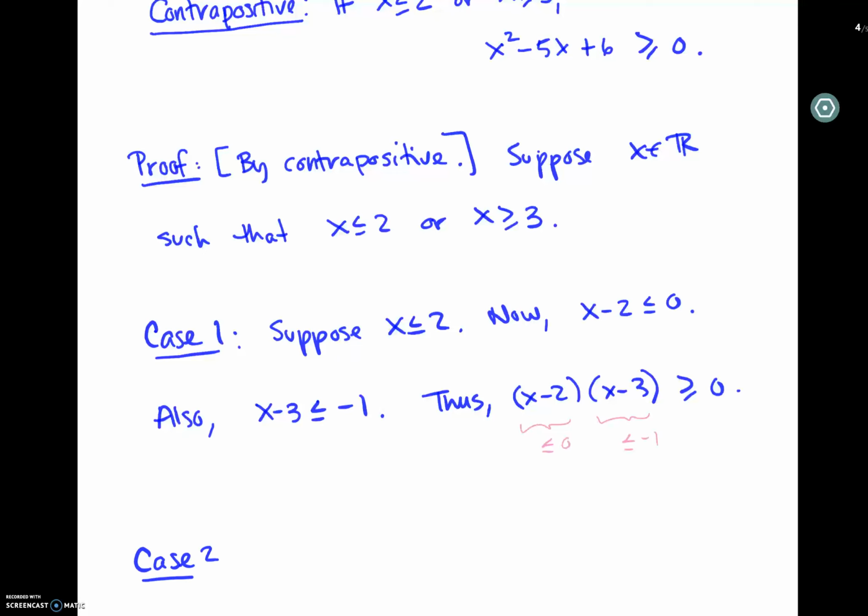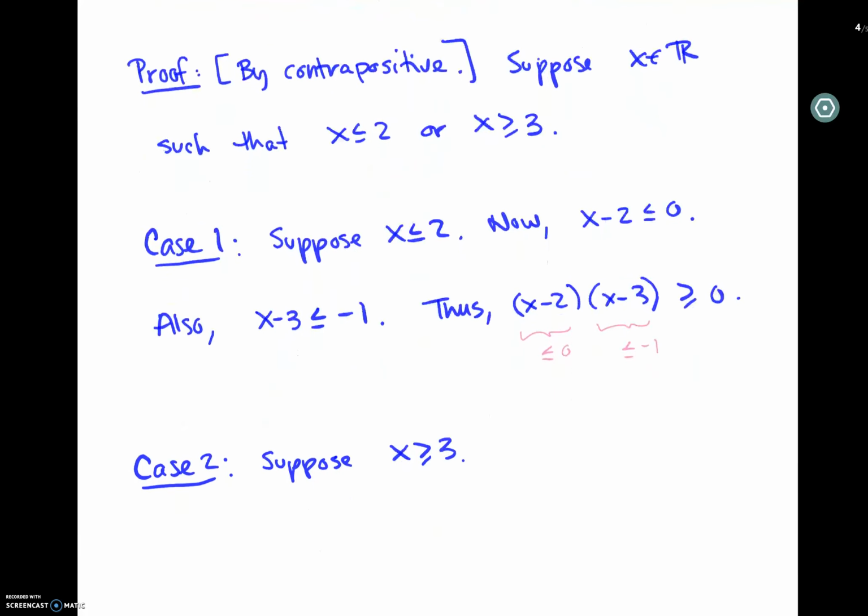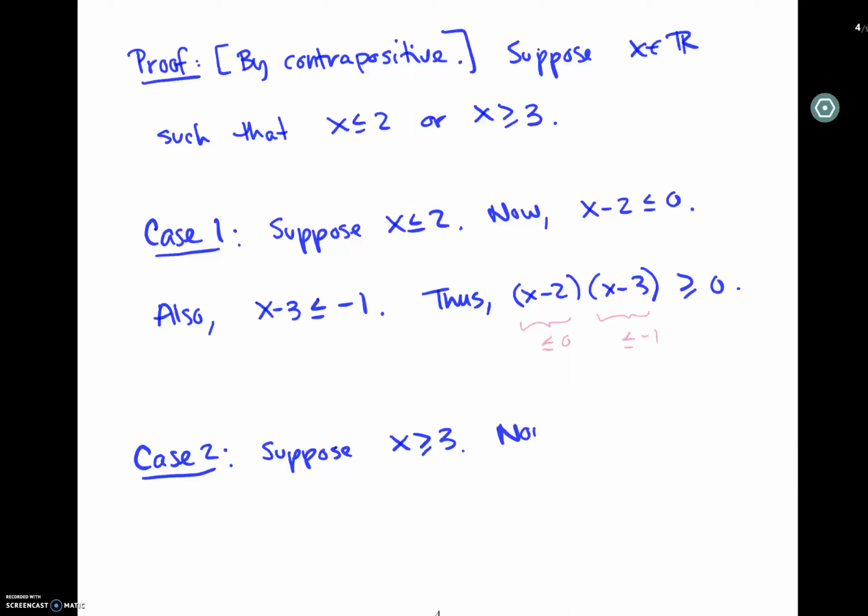Case 2, we can suppose that x is greater than or equal to 3. So now x minus 3 would have to be greater than or equal to 0. And x minus 2 would have to be greater than or equal to 1.